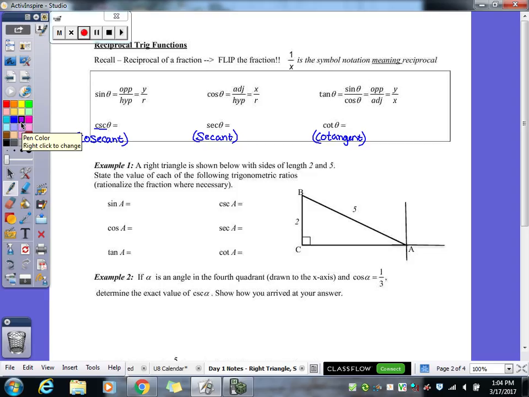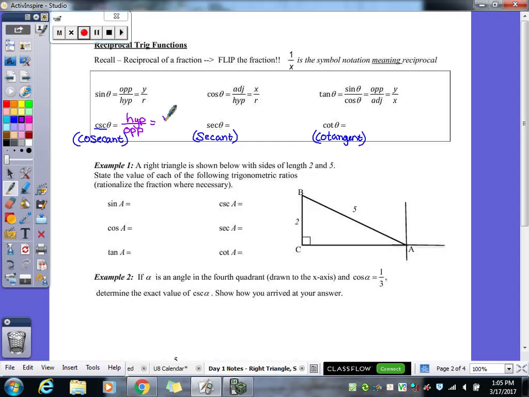But seeing as how they are reciprocal functions, all you have to do is flip what you know. So cosecant is the reciprocal of sine. So since sine is opposite over hypotenuse, cosecant is hypotenuse over opposite. You just flip it.